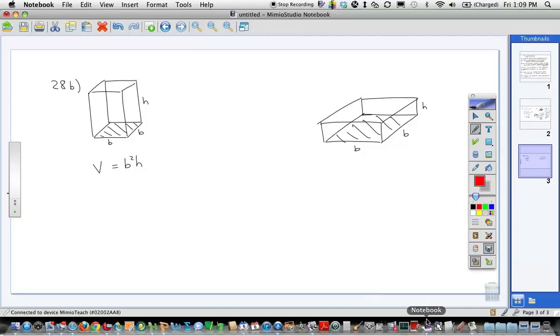And the girth is the perimeter of a cross section perpendicular to the long side. So here's the long side. Perpendicular to that would be this way. So wouldn't that be this perimeter here? Right? Isn't that the girth?